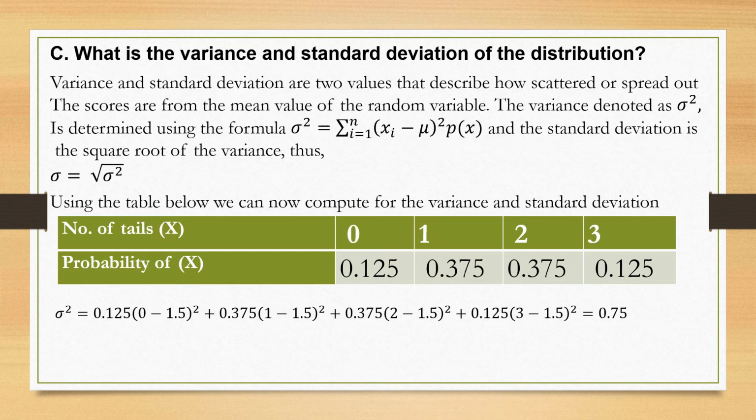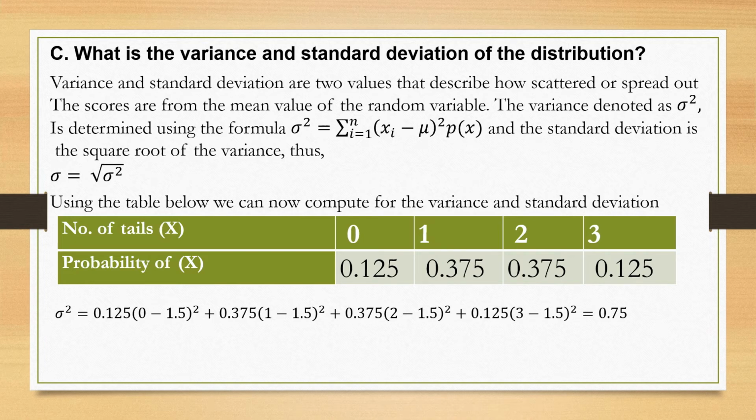So simplifying these given quantities, we have here 0.75 as the value of the variance of this probability mass function.